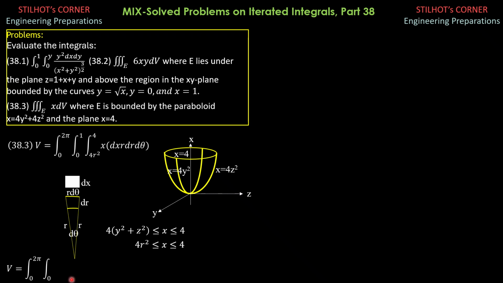So volume equals the integral from 0 to 2 pi, 0 to 1, 4r squared to 4 of x dx r dr d theta. So evaluating the x integral of x dx first, that would be 0 to 2 pi, 0 to 1 of r times x squared over 2, then 4r squared to 4, dr d theta.